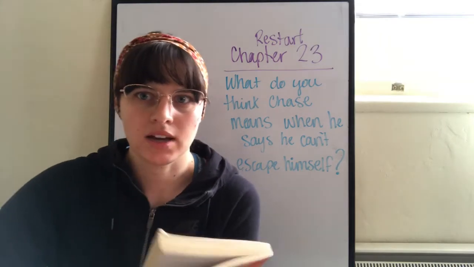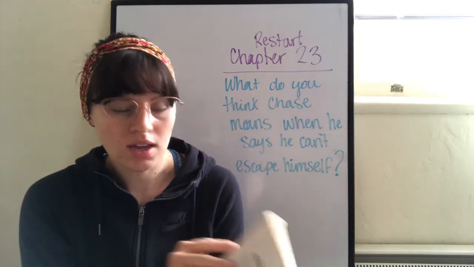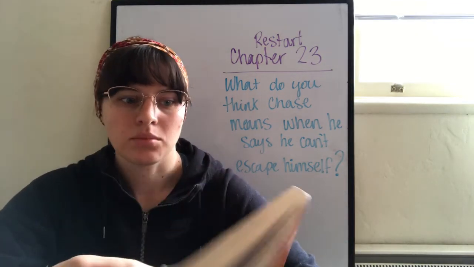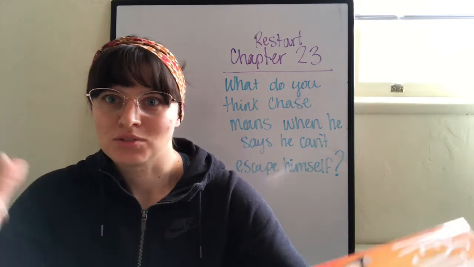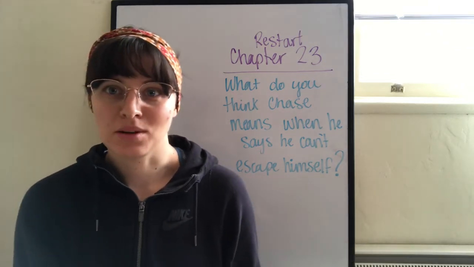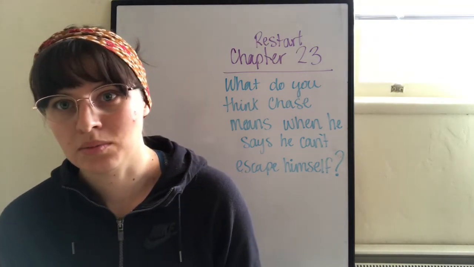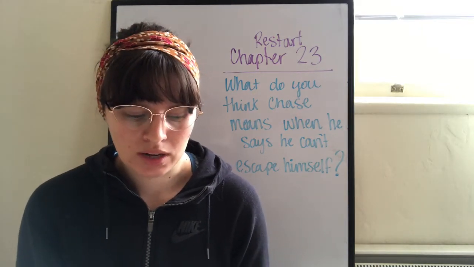Okay, so we have restart. We're on chapter 23. And we're back to this perspective of Chase Ambrose. And he's kind of in a crisis right now. He's really torn. He's kind of hated by a lot of people that he doesn't want to be hated by. He's being thrown under the bus by people who are supposed to be his friends that are seeming to be his enemies at this point.